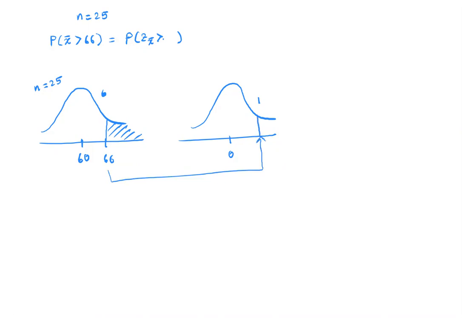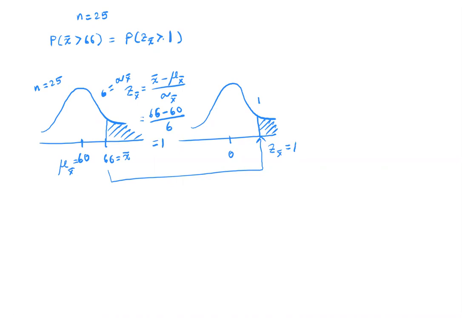This is going to be my z sub x bar, which is equal to x bar minus mu sub x bar over sigma sub x bar. X bar is 66, minus mu sub x bar, which is 60, divided by sigma sub x bar, which is 6, and that is 1. So z is 1.